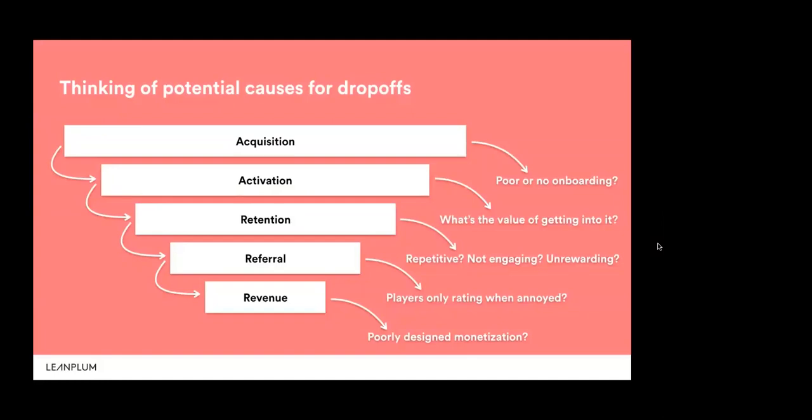Next, the referral step is always kind of wishy-washy, but one way to put it is, would someone recommend your game to someone else? And one great way to tell is to look at App Store ratings. If people are only rating when they're annoyed, then anyone this game might be recommended to is going to first take a look at the App Store rating and only see poor or negative ratings.